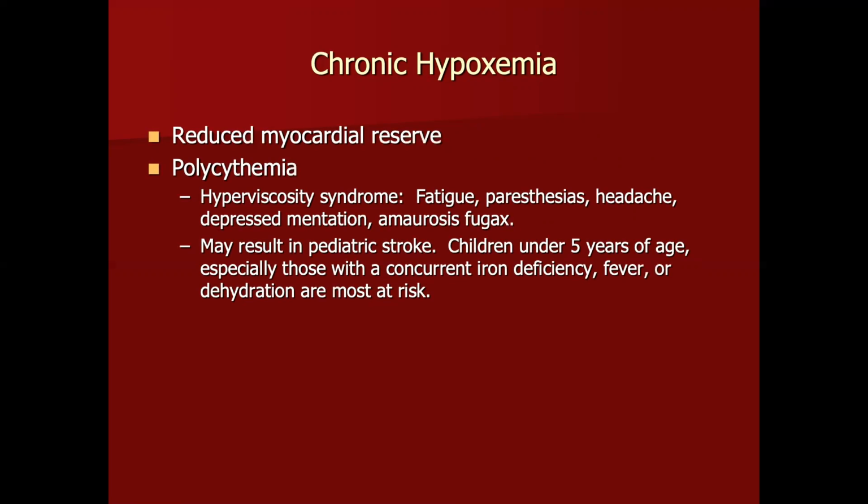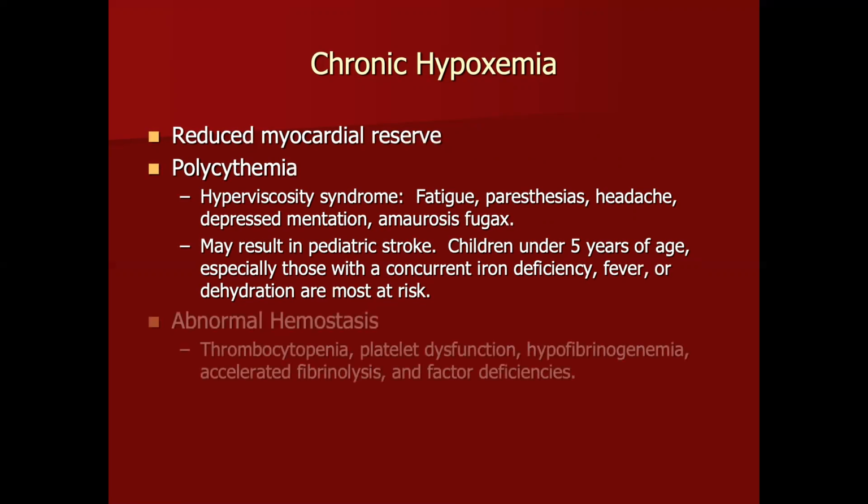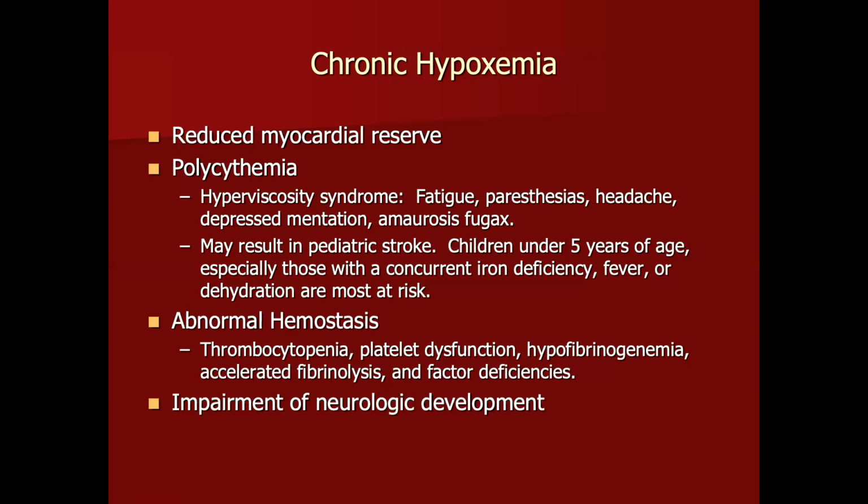Hypoxemia-induced myocardial dysfunction also results in myocardial fibrosis with reduced contractility and diastolic compliance at rest, which worsens with increased cardiac output or stress. Hypoxemia stimulates erythropoietin release, and it's one of the most important compensatory mechanisms for oxygen delivery in cyanotic patients.